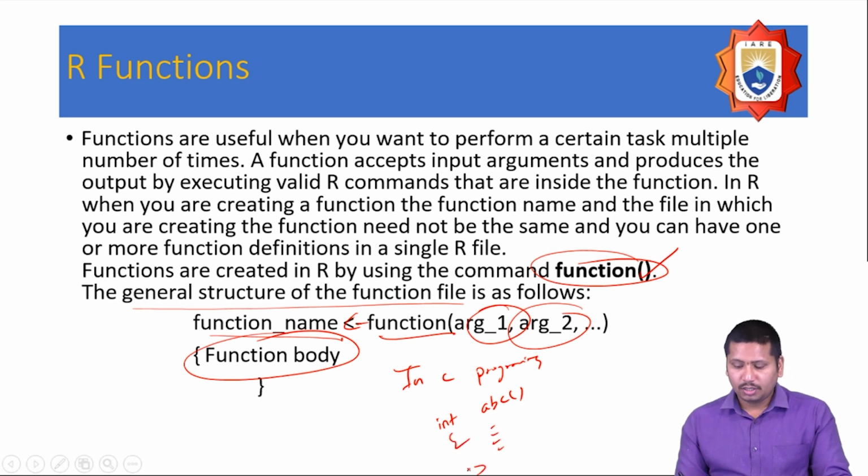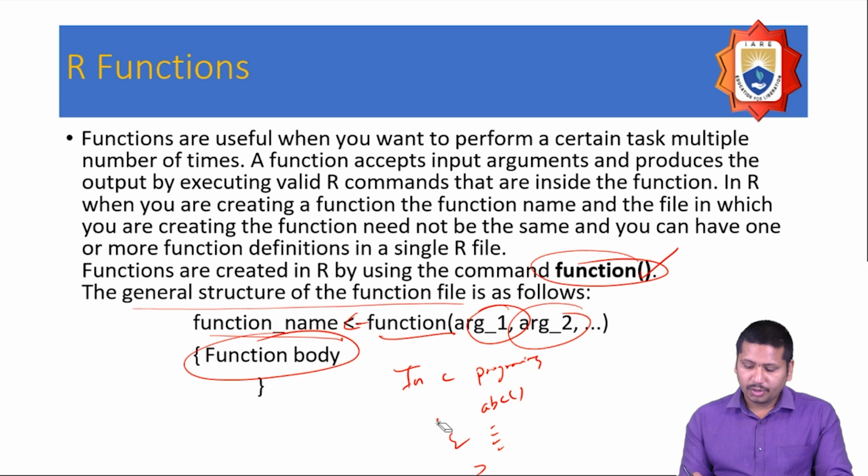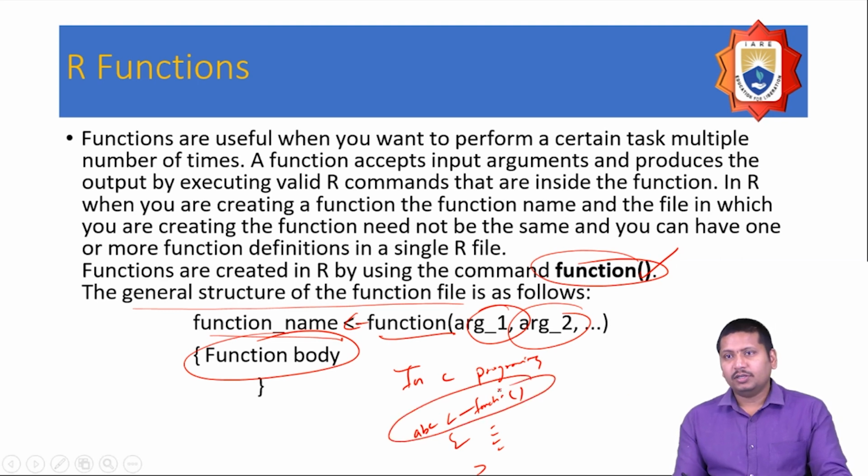When it comes to R programming, we write it as function, and the function name should be ABC. That is the difference. The types of functions, categories of functions and function calls remain the same; only the function declaration changes here.